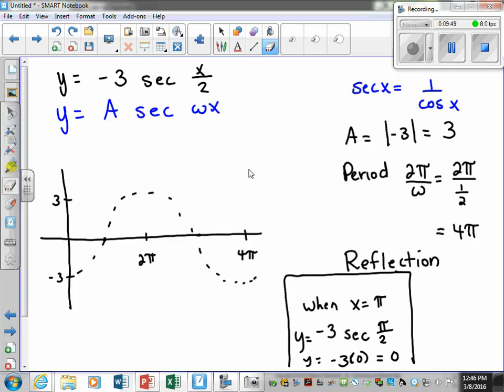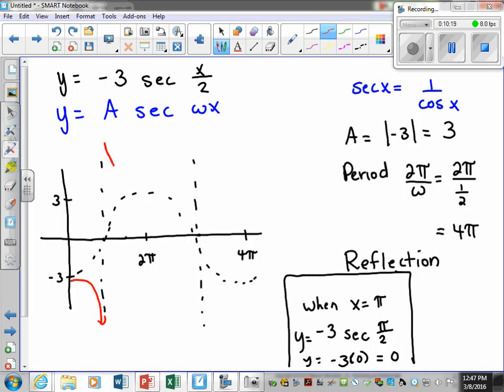So what we want to do is, remember, we need to do our vertical asymptotes everywhere it crosses the x-axis. The x-axis at 0, so that means there's a vertical asymptote here, and there's a vertical asymptote here. Okay, this dotted line is going to be our negative cosine of x. So we want to do the secant x, so our red is going to be our graph of negative 3 secant x.